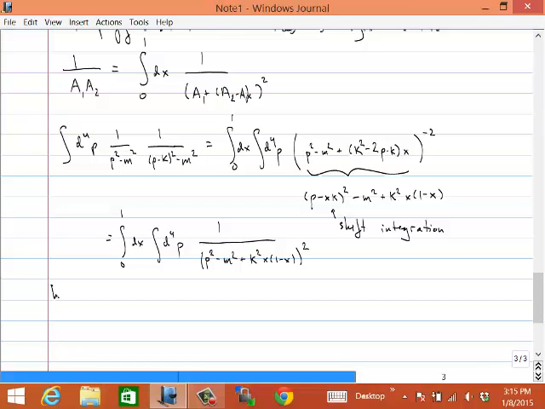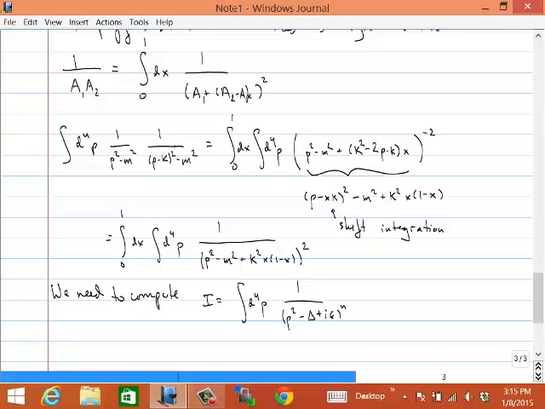So in general, we're going to need to compute an integral of the form, let's call it I, which is the integral d4p, 1 over (p squared minus delta plus i epsilon) to some power. So here we have the second power, but in general we might need other powers as well.